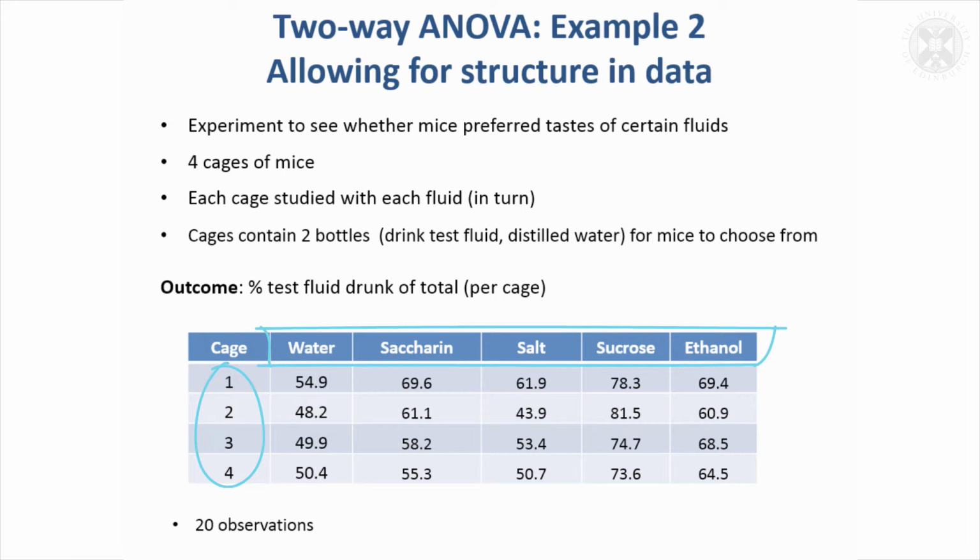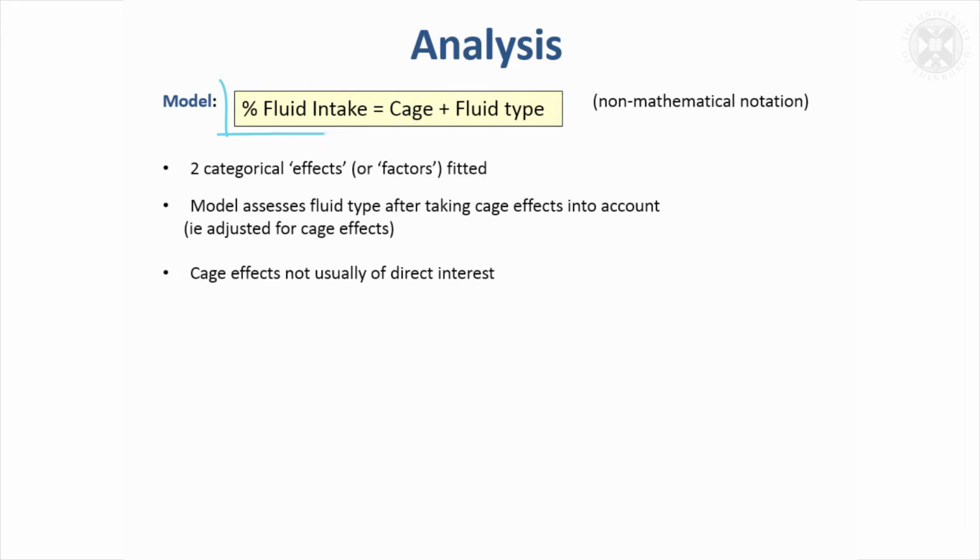So there might be a tendency for cage 1 to have higher or lower values than other cages, for example. So we would also put cage in the model. We're not really interested in what the cage effects are, but we are interested in taking it out of the model, getting rid of the variation due to cage. Sometimes people will call it a nuisance effect.